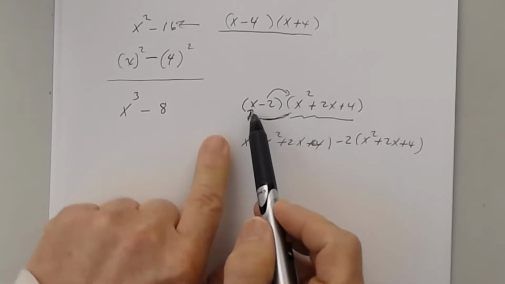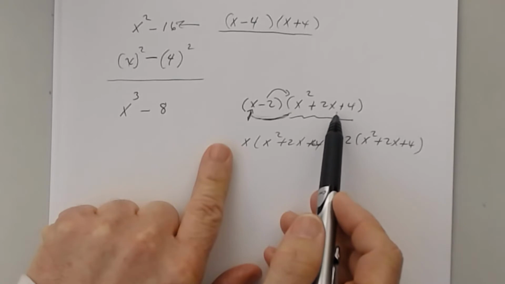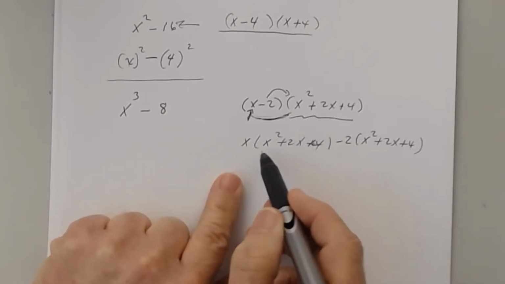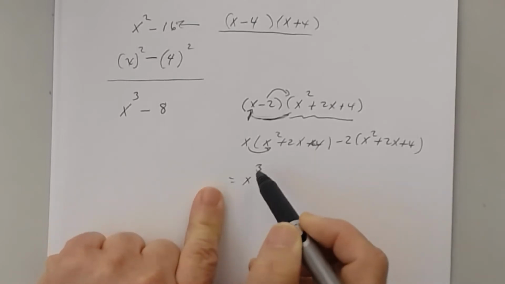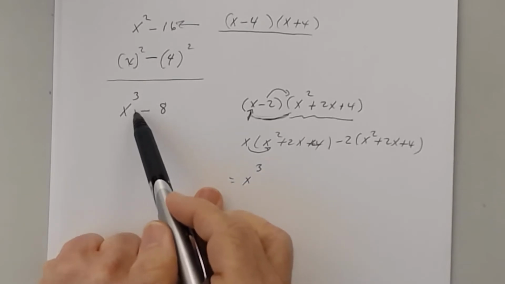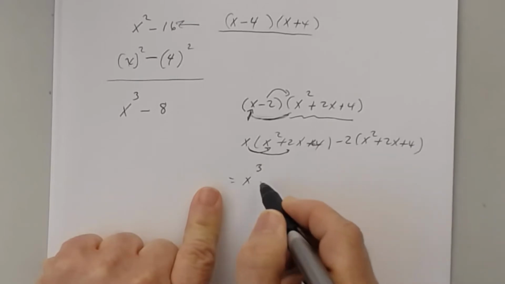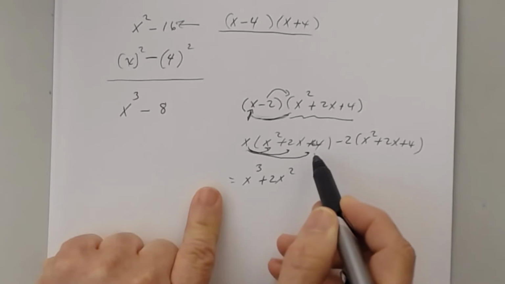You took each term, multiplied by that second parentheses. Now distribute. What's x times x squared? X cubed. Oh, and at some point you're going to notice, see, there's an x cubed, right? See right here? What's x times 2x? 2x squared. Good.